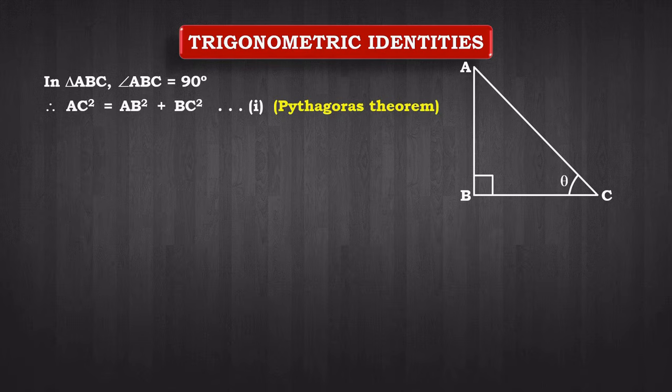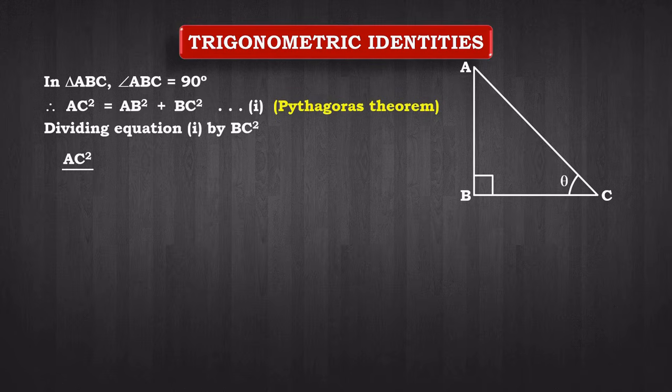Now, let us derive the third fundamental trigonometric identity. Consider a right triangle ABC, where angle ABC is 90 degrees and angle C is theta. According to the Pythagoras theorem, AC squared is equal to AB squared plus BC squared. Now divide the entire equation by BC squared.